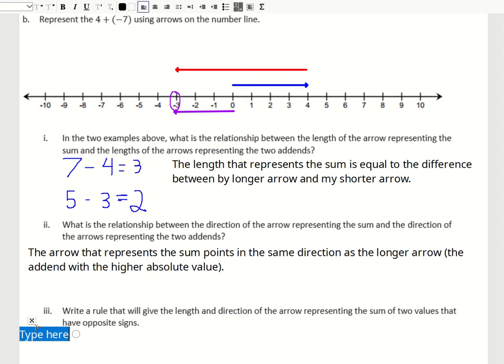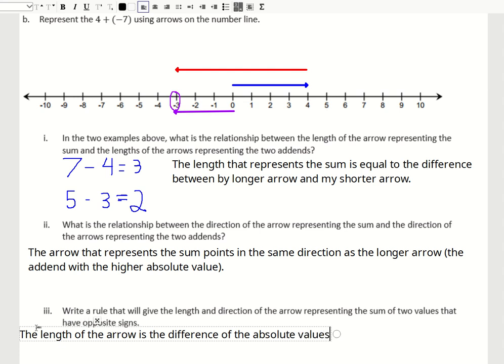That's going to be the length of the arrow is the difference of the, well, I could say the longer arrow and the shorter arrow, but I want to do this in terms of absolute value. So I'm going to say it's the difference of the absolute values of the two addends.